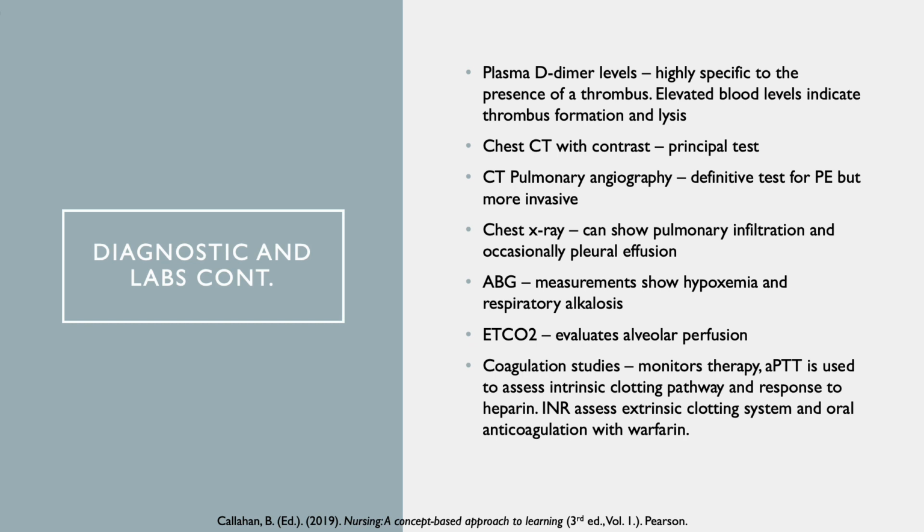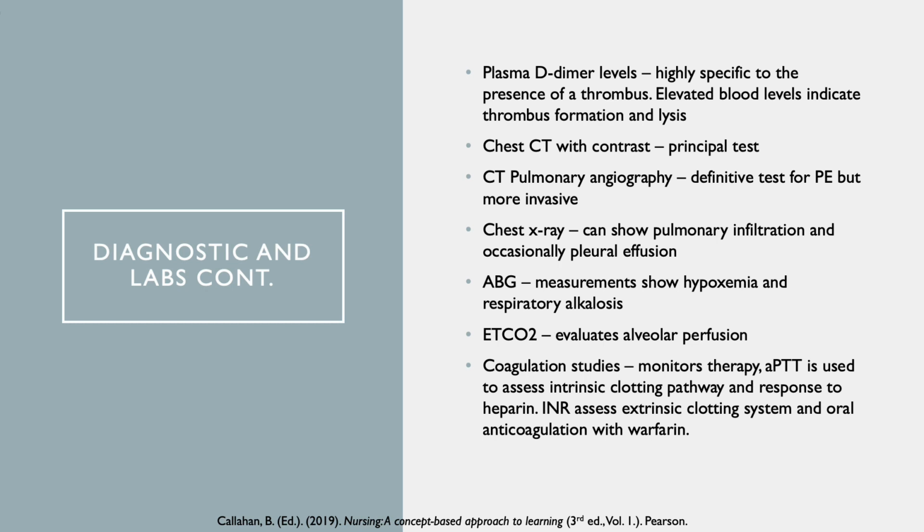An ABG is the measurement to show hypoxemia and respiratory alkalosis, which is common with a PE. The coagulation studies monitor therapy to make sure that the heparin or the warfarin or whatever anticoagulant they're on is in therapeutic range with the body, because if they are too low, then they're not going to break up that clot.